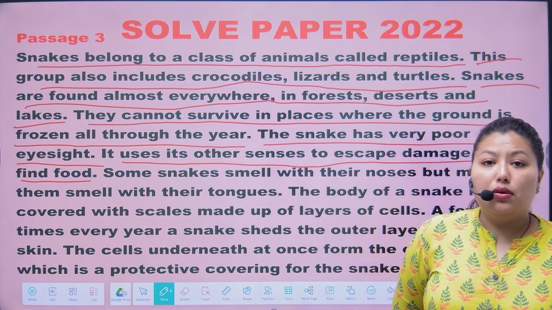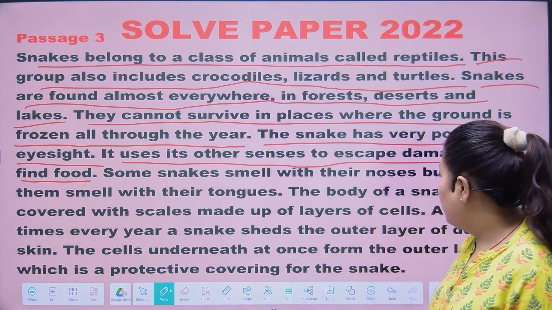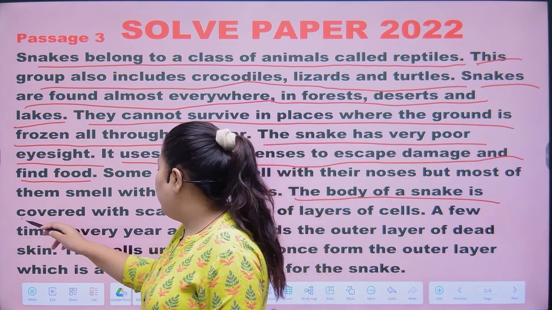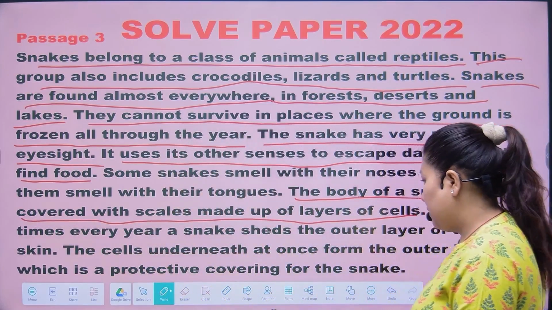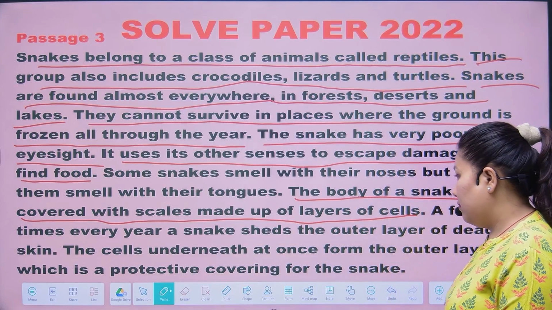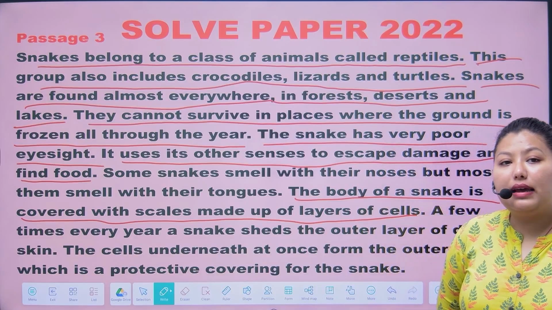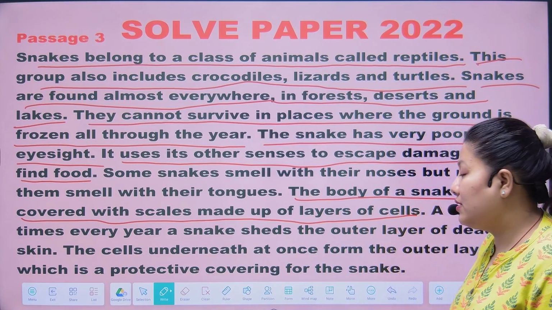Next question: a snake's body is covered with what? The answer is, the body of a snake is covered with scales made of layers of cells. Next question: how many times a year does a snake shed its outer layer of skin?